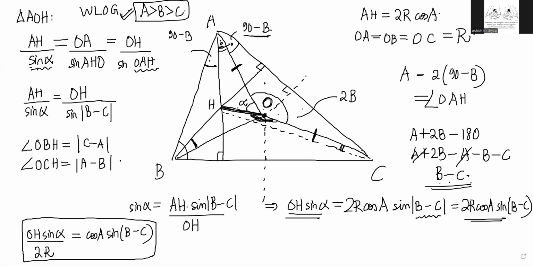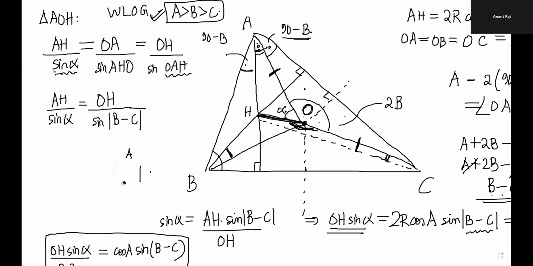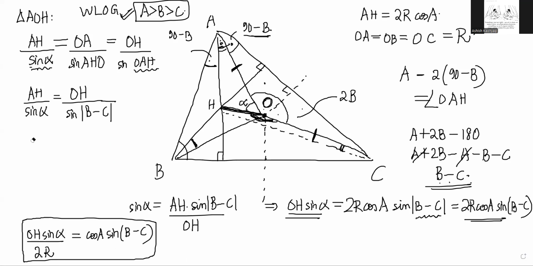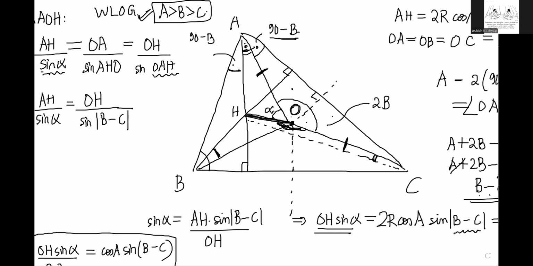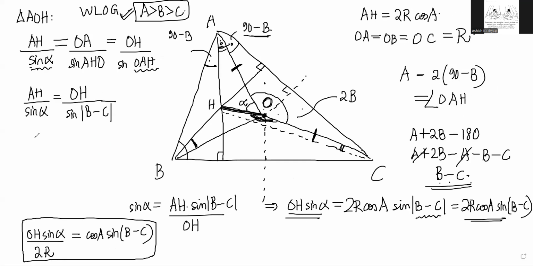The same logic will apply, just like AOH, COH also we can do the same sine rule, right? I'm going to make the same type of terms again. I'm going to try to see what is coming from here. So I should get literally the same thing except CH, right?